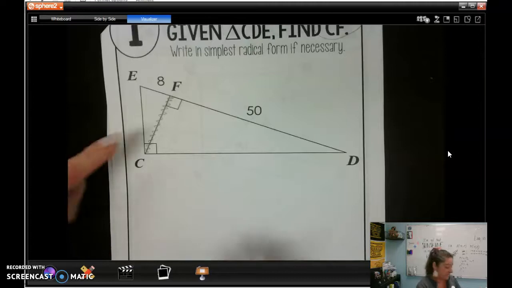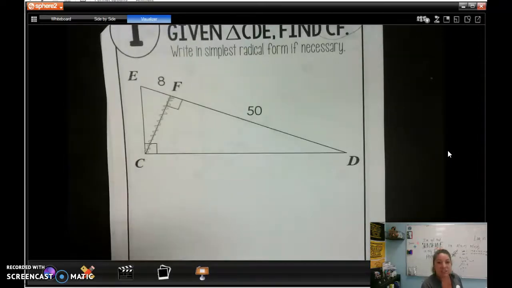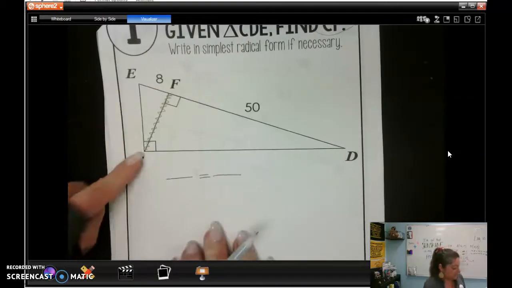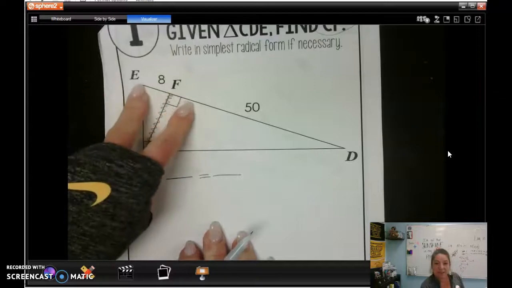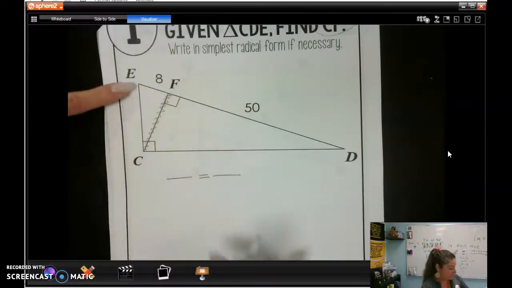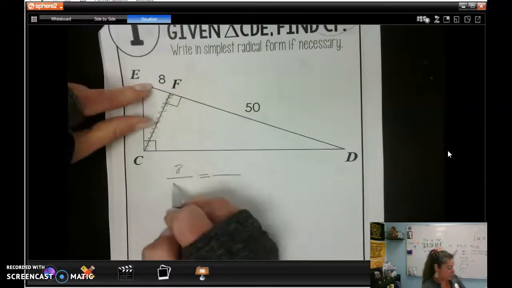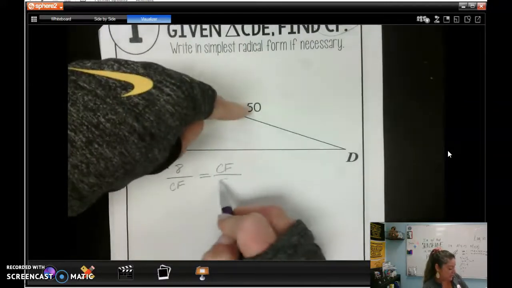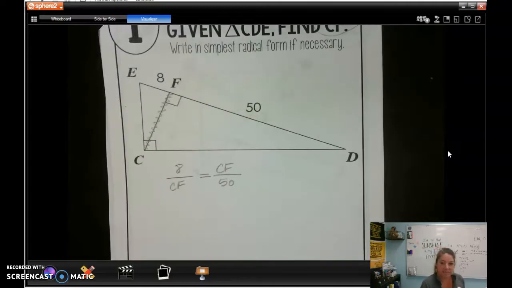Now the good thing is that this is the geometric mean, and so I just have to do the ratio that was in that video, okay? Remember, this is going to come in and split the hypotenuse into 2 pieces. So you do 8 over CF equals CF over 50. That proportion is always going to be the same.